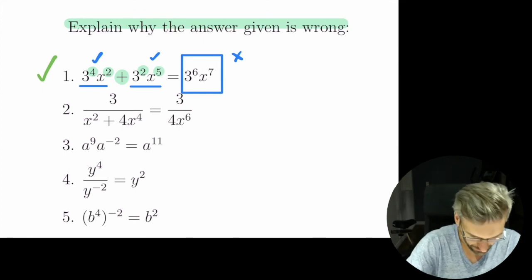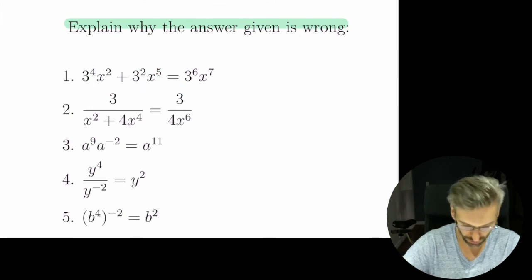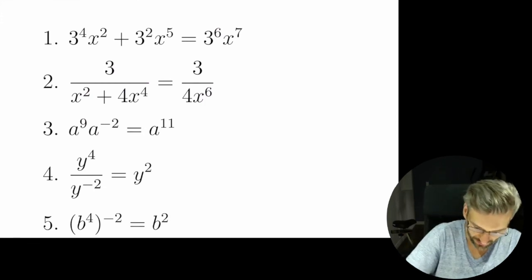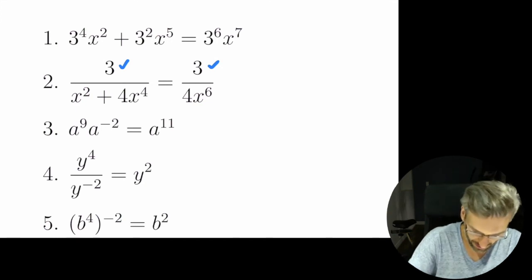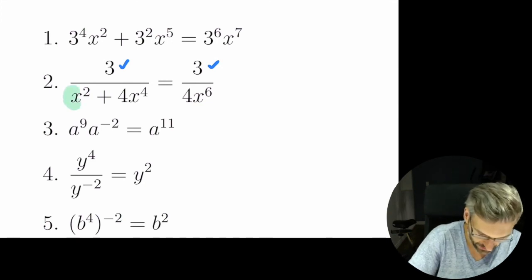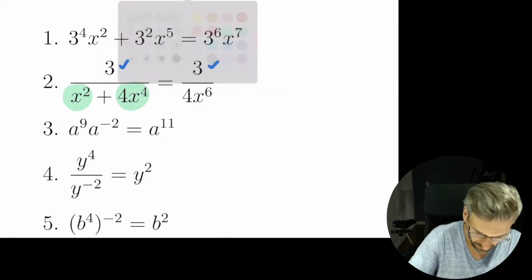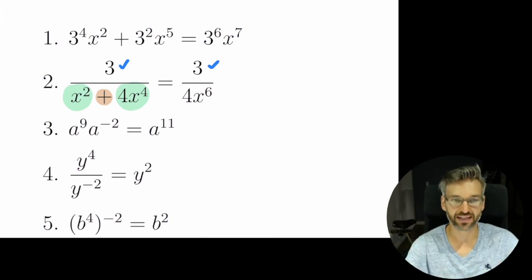So that's number 1. Now let's take a look and see what is wrong with number 2. With number 2, we actually have something very similar. Notice we have our answer, so 3 and 3, that's fine. And then we have our denominator. Now in our denominator, once again, we have 2 separate terms. And this is again separated by an addition in the denominator, and you cannot just simply go ahead and add up exponents across.